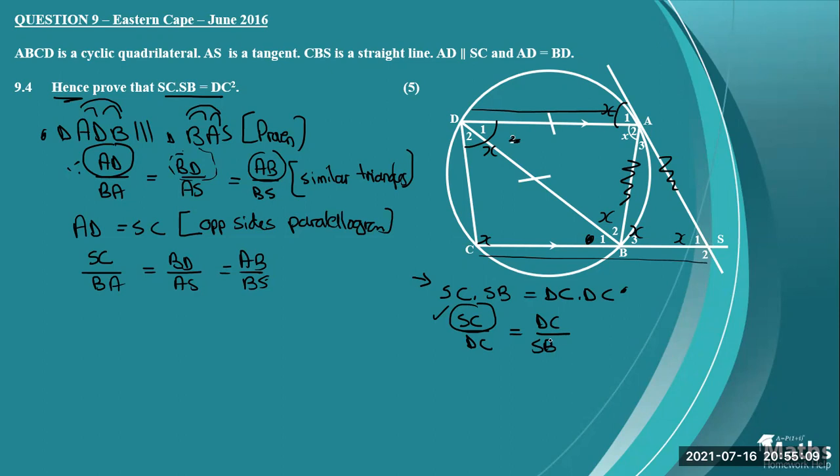Let's see BS. If I just change this, as SB is actually the same as BS that I already have there. So let's cut out the middle section. You see how you play around. So let's just work in alphabetical order. BA we can write as AB equal to AB over SB, because BS and SB is the same thing.